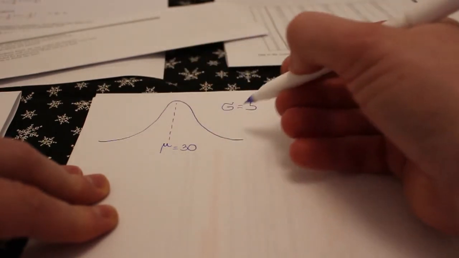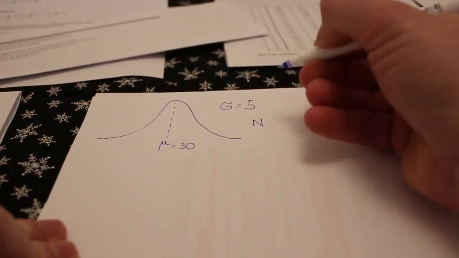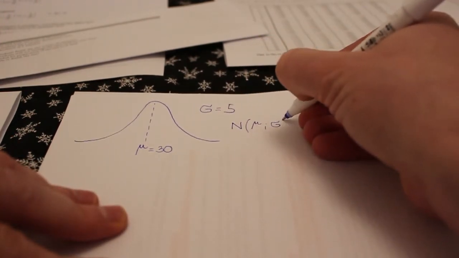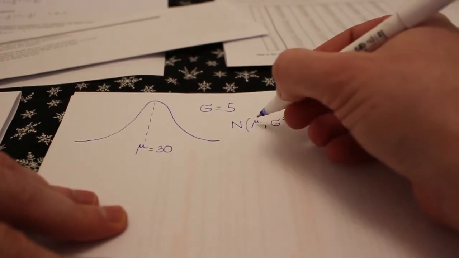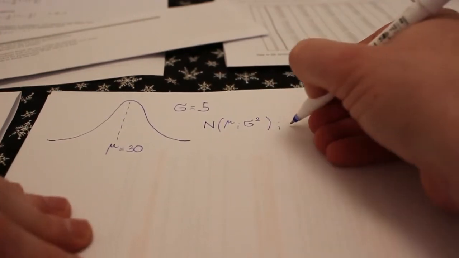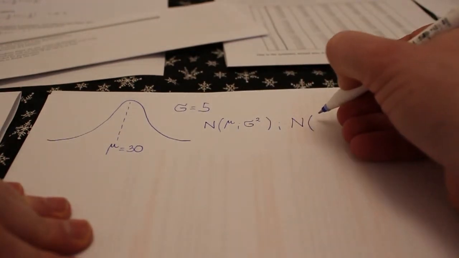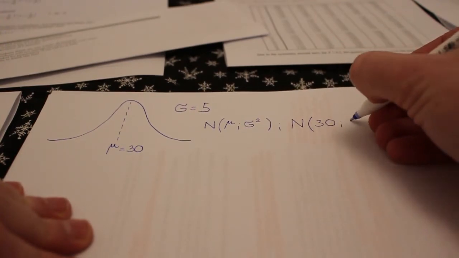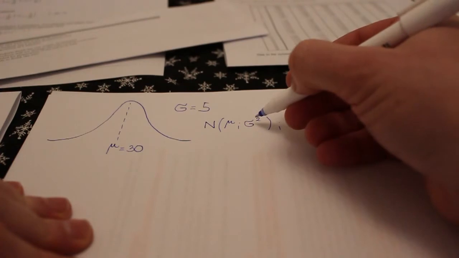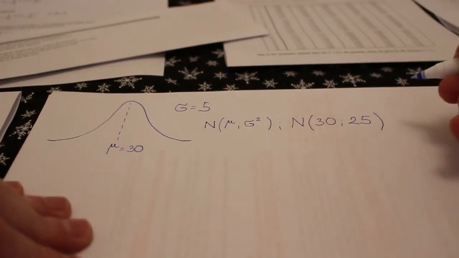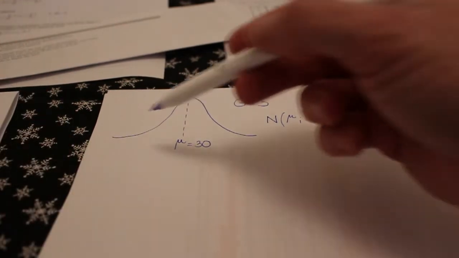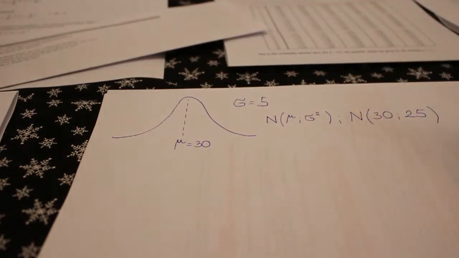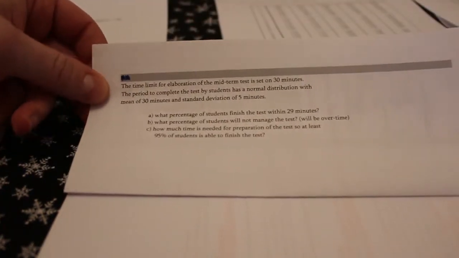So this is normal distribution. I can write that normal distribution has parameters mu and sigma squared, the mean and the variance. In our situation, this is normal distribution with parameters 30 minutes and variance equal to 25, because there is variance, not standard deviation. So this is the distribution of the length of writing of the midterm test.